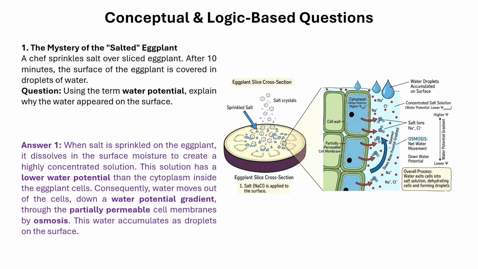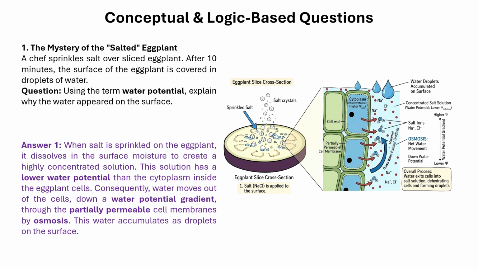Your answer will be that when salt is sprinkled on the eggplant, it dissolves in the surface moisture to create a highly concentrated solution. This solution has a lower water potential because there is a greater amount of solutes. So this solution has a lower water potential than the cytoplasm inside the eggplant cells.